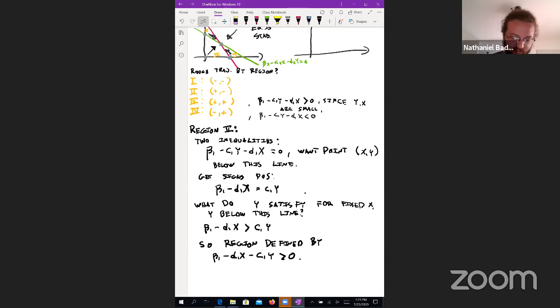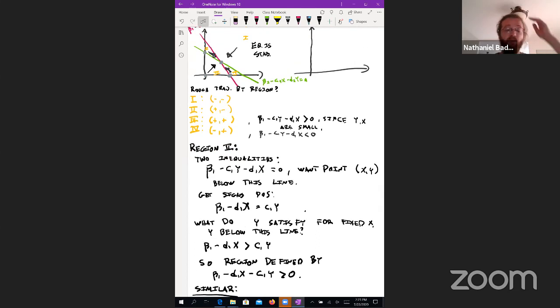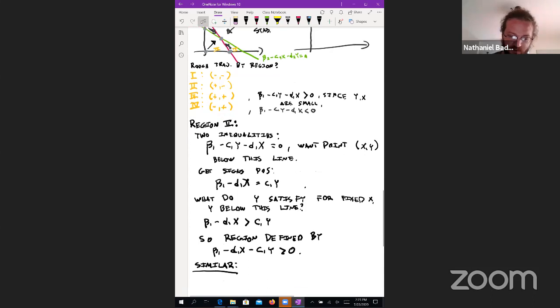By similar reasoning, we can look at the beta 2 equation. We're now going to be above that line. So if we fix, we're going to have our beta 2 minus c2x is related somehow to d2y.